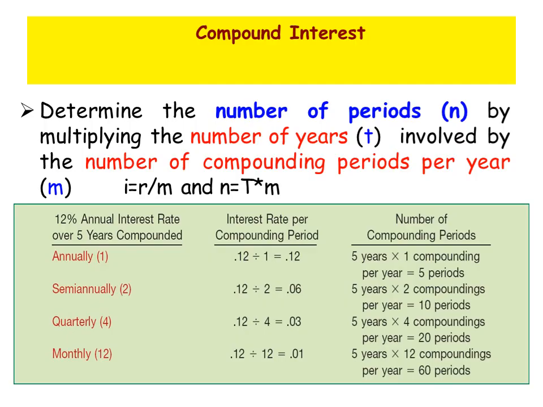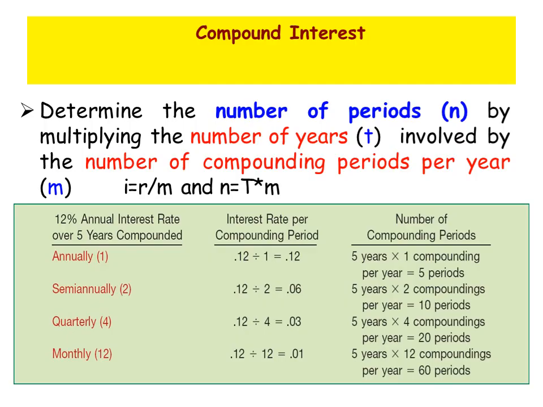N equals years times m. Now calculate the number of periods. For the first case, 12% annual interest rate over 5 years compounded. This is r equals 12%, and the time is 5 years.